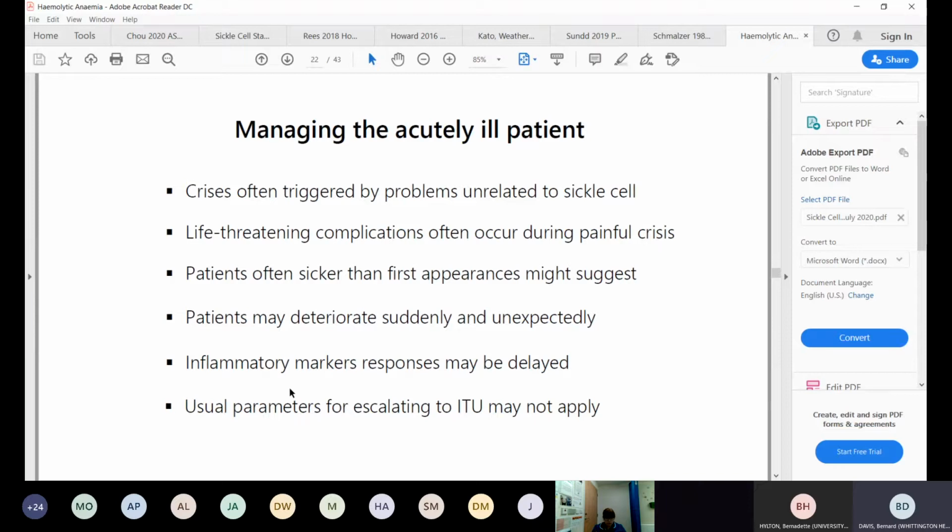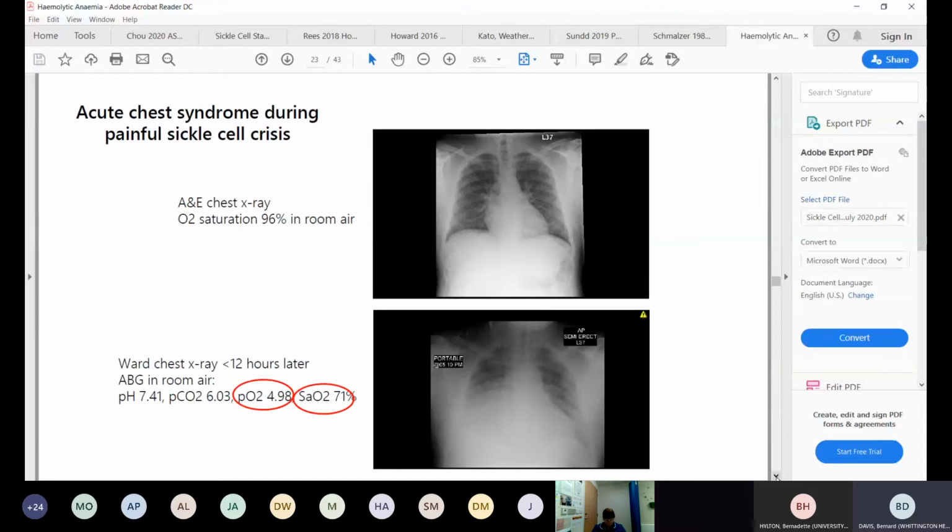So your CRP may be normal when the patient is quite sick, only coming up later, maybe 24 hours later. And again, the usual things that we look at for escalating to ITU do not usually apply to these patients. So I would say that if the patient is becoming unwell, escalate very quickly to the critical care team so they can move the patient to ITU or HDU if required.